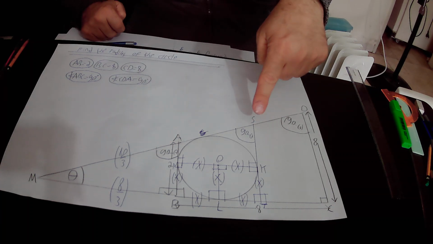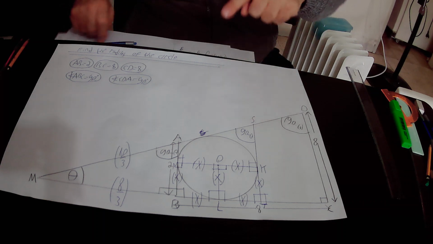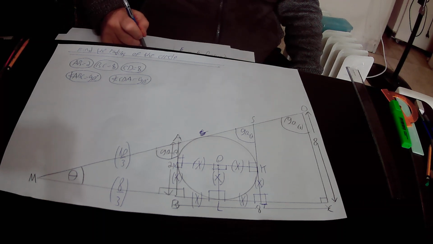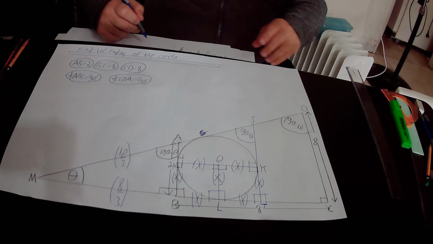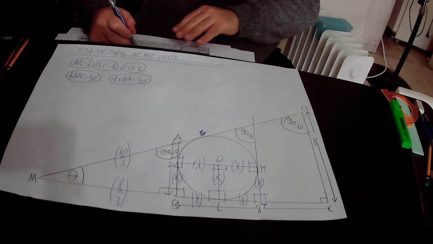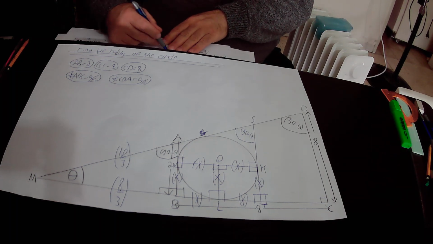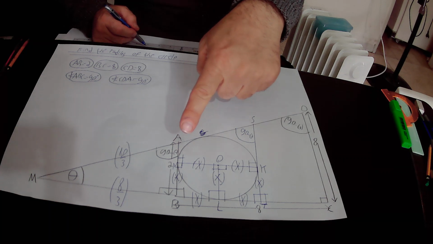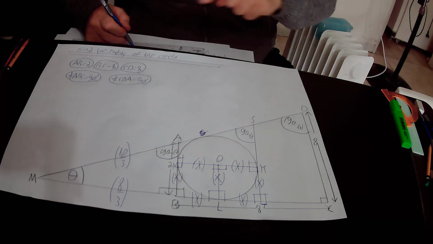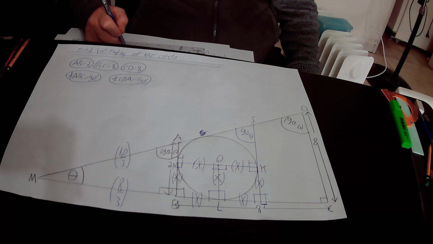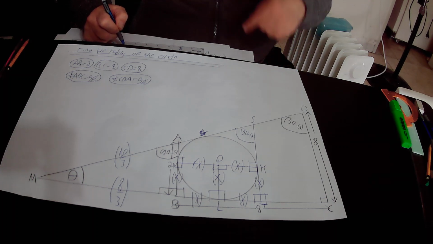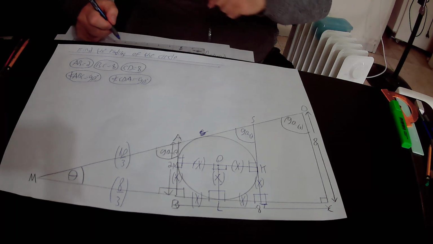So actually, this is angle MST in the right big triangle STM, and it is equal to this angle, that is actually angle MAB in the right small triangle MBA.